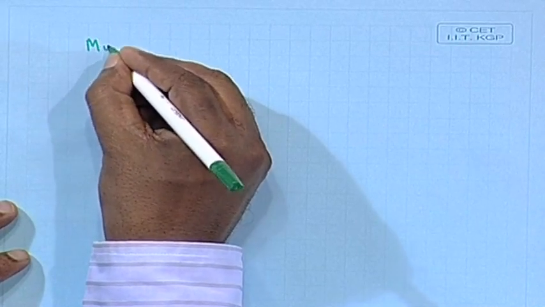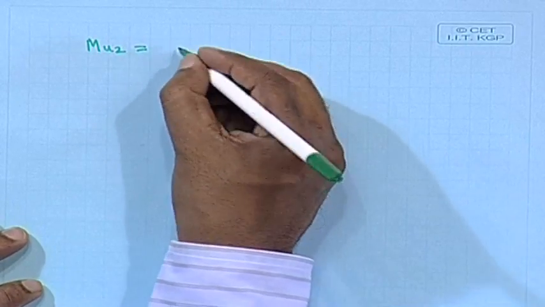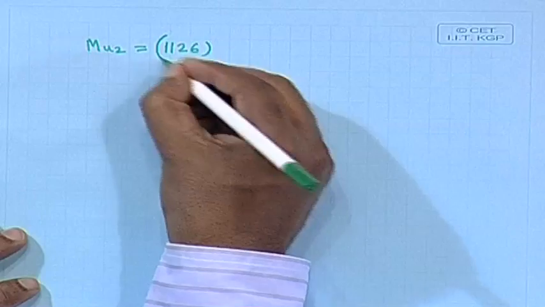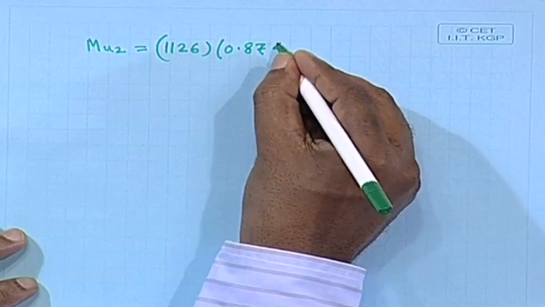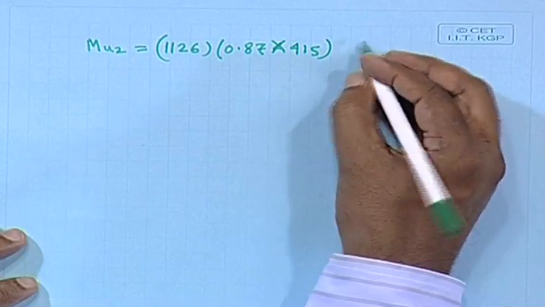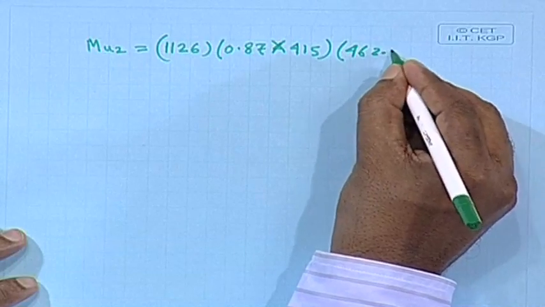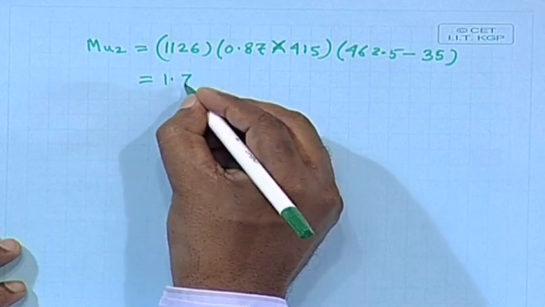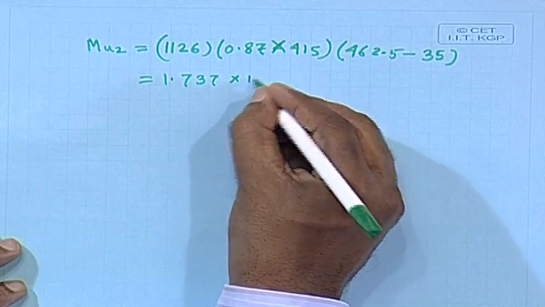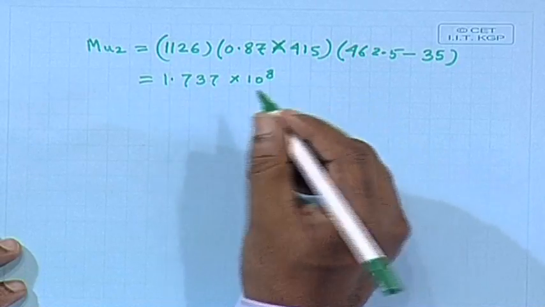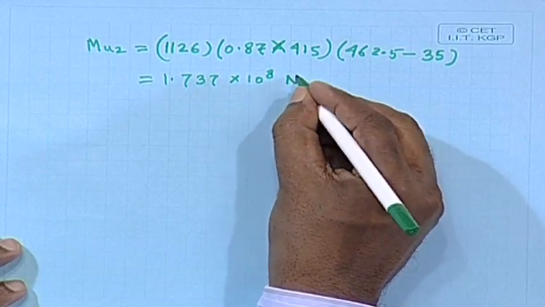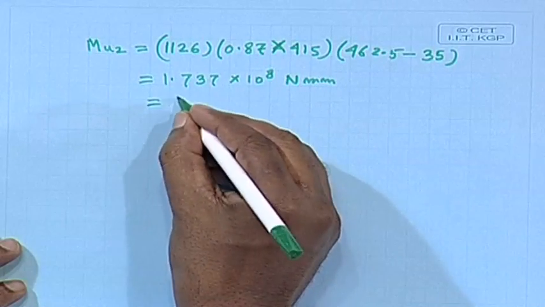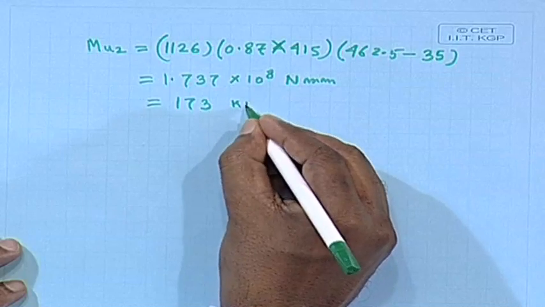We can write down then Mu2 will be equal to 1126 times 0.87 into 415 multiplied by 462.5 minus 35, which comes as 1.737 into 10 to the power 8, equal to 173 kilonewton meter.